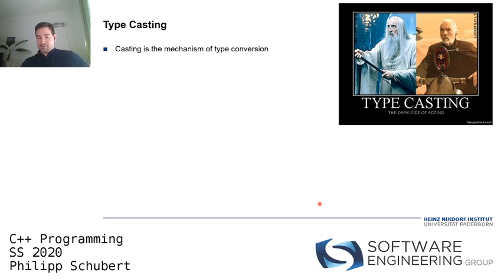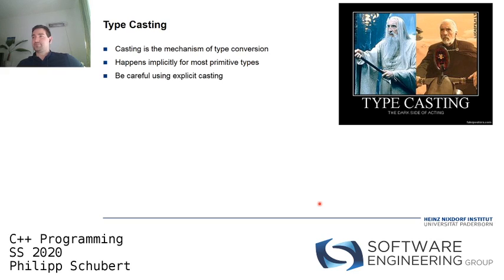In almost all programming languages, you can interpret data in a different type, so you can convert its type. Sometimes that's quite useful. Also, that happens implicitly for most primitive data types.